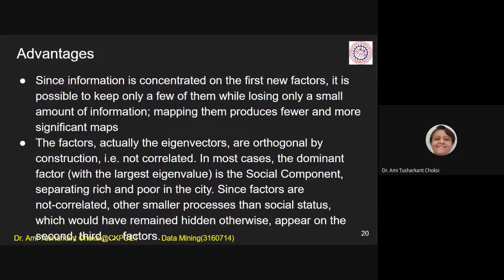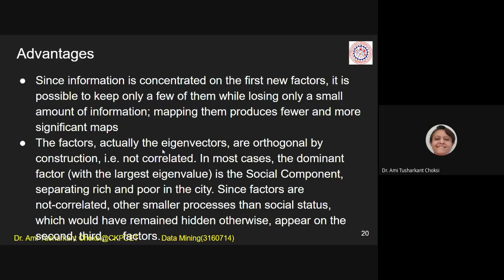Now, what are the advantages of it? Since information is concentrated on the first new factors, it is possible to keep only a few of them while losing only a small amount of information. Mapping them produces fewer and more significant maps, right?